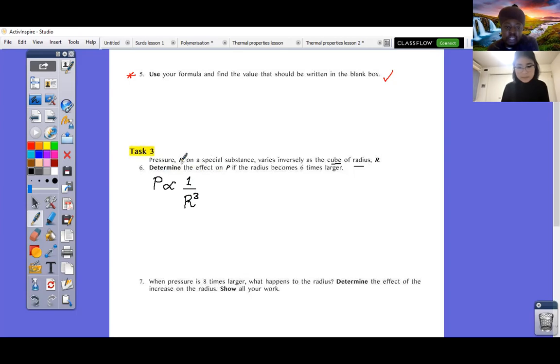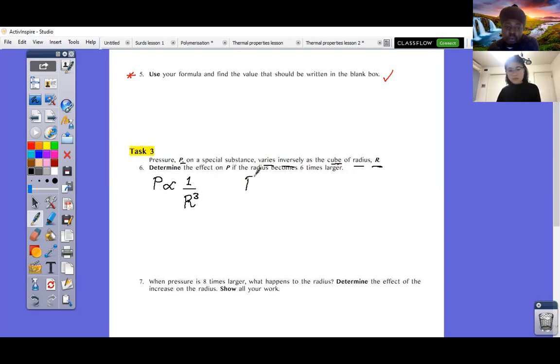That's this sentence here, written in algebraic terminology. Now it says, determine the effect on P if the radius becomes 6 times larger.